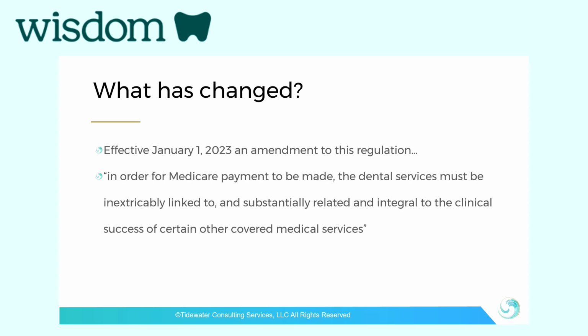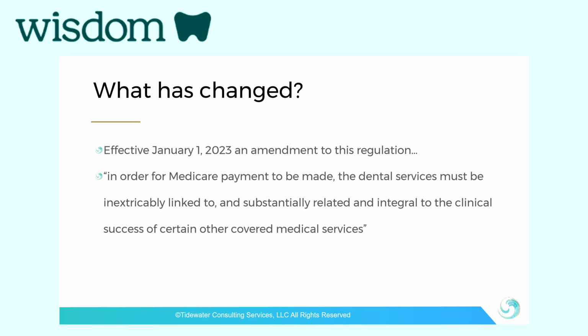Well, now it applies to all outpatient services, including the workup and dental treatment prior to any organ transplant, not just kidney transplants, including stem cell transplants. Prior to 2023, it also stated prior to any cardiac valve replacement. That has not changed. So this applies, and it also affects treatment.